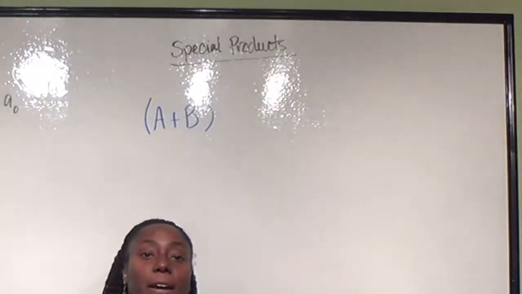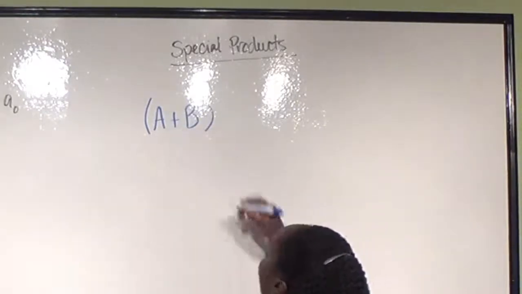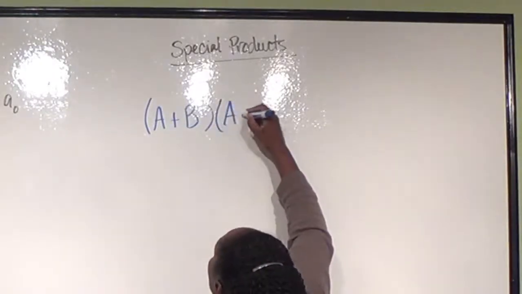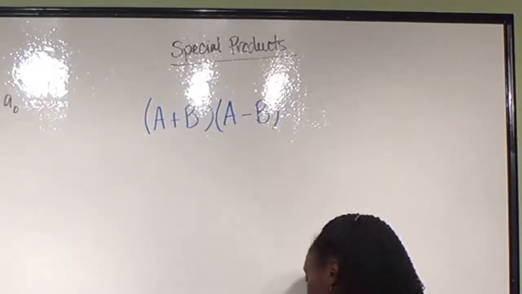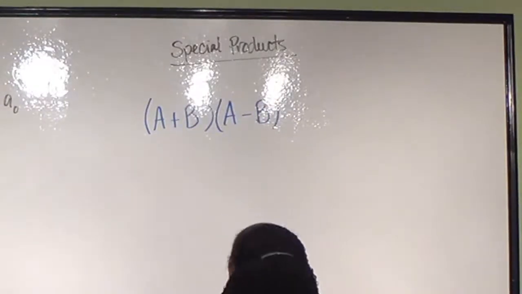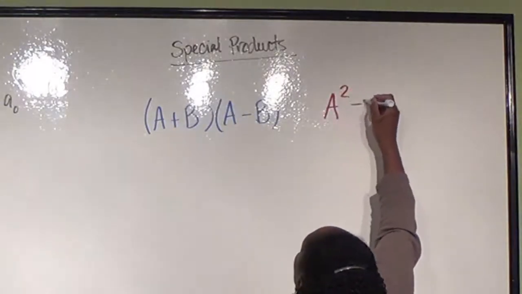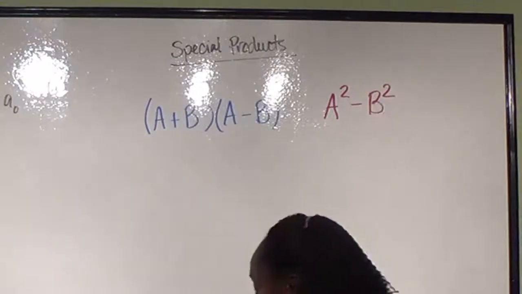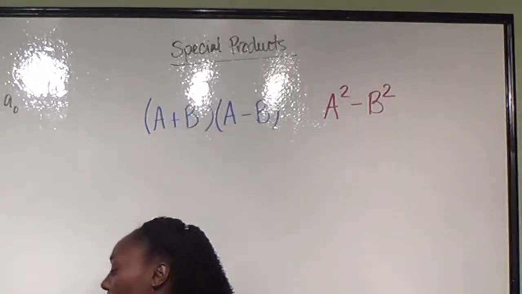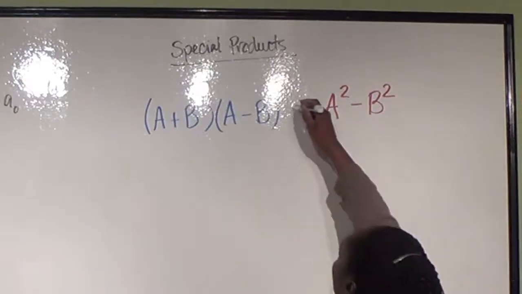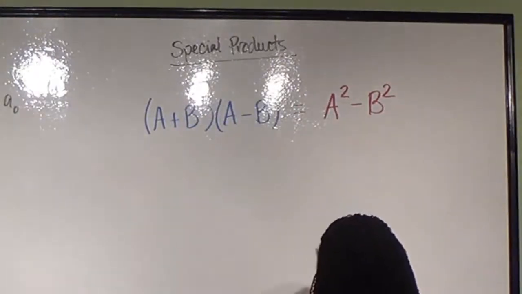If I have 2 terms in my polynomial, whatever they are, and I'm multiplying by a polynomial that has those same terms but a different sign, then this is going to equal A squared minus B squared. Meaning when I multiply out and combine my like terms, those middle terms will cancel out and I'm just left with A squared and B squared.